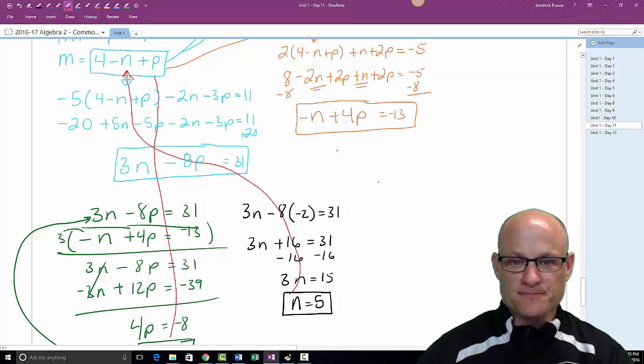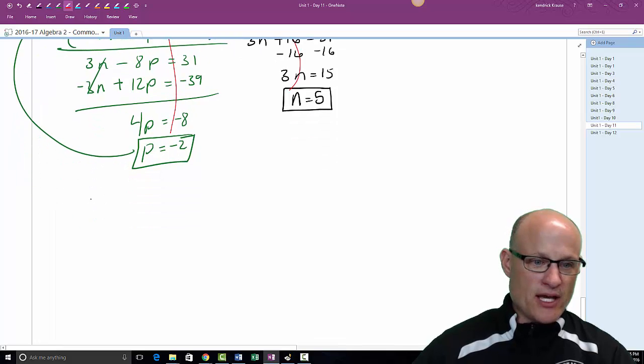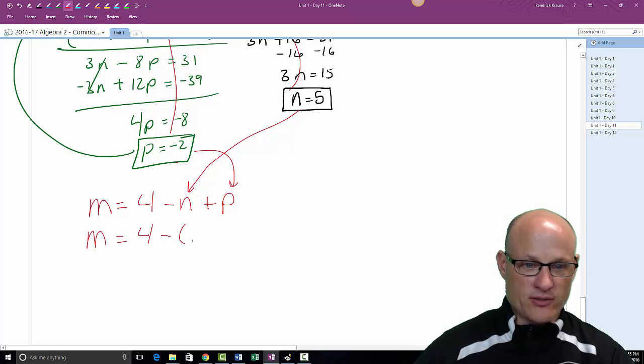So m, 4 minus n plus p. So m is equal to 4 minus n plus p. So plug it in, plug it in. M is equal to 4 minus, make sure you use parentheses, 5 plus negative 2.